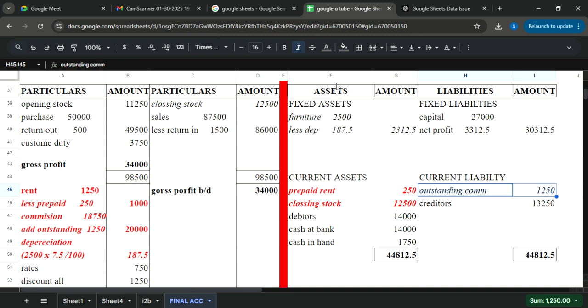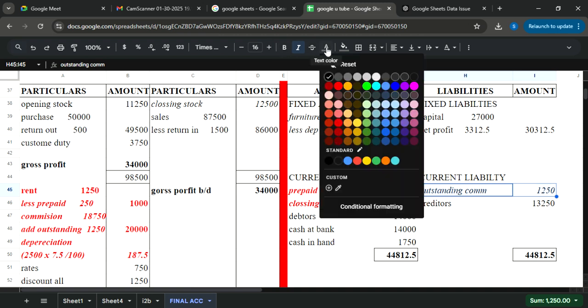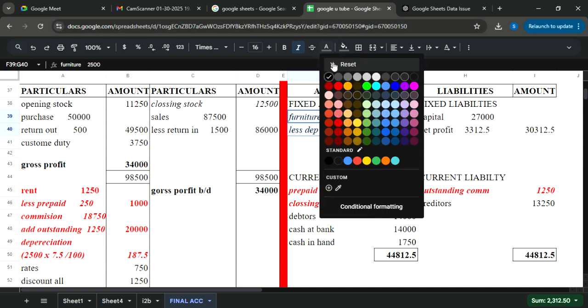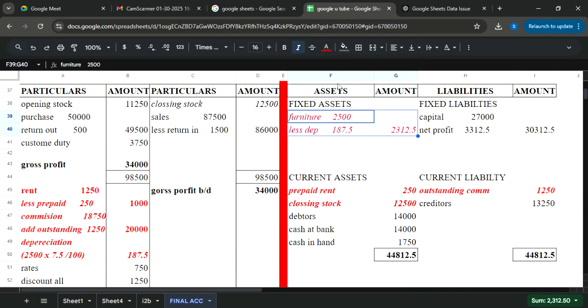I am going to highlight these adjustments so that you can remember how we have solved it. So here we have the last adjustment, which was related to furniture. Okay, so you are very clear. Look here, these red lines were present in adjustments 1, 2, 3, and this closing stock 4. Four adjustments were present, and we have completed these adjustments accordingly.